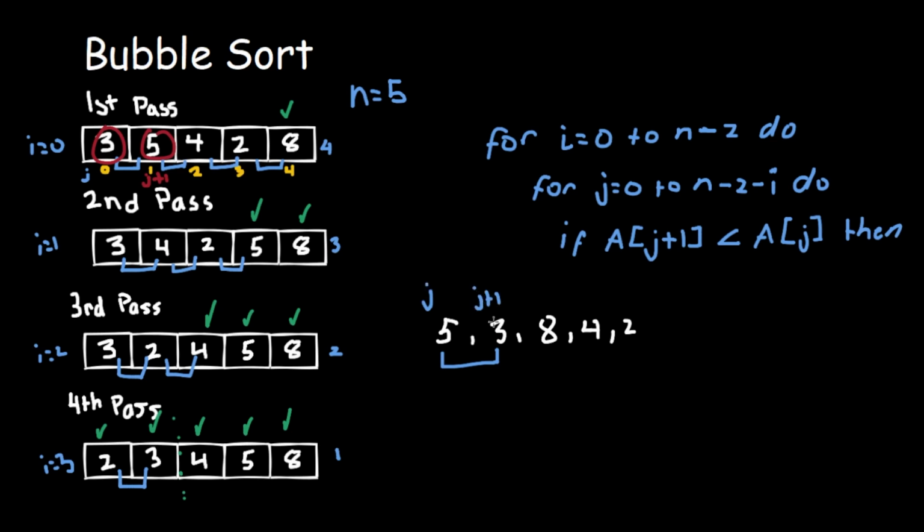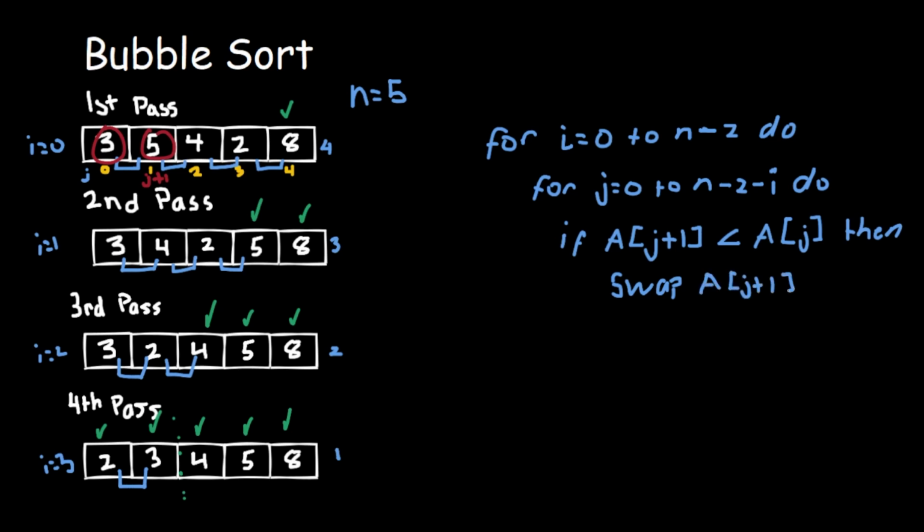If j plus 1, in this case 3, is less than 5, then we swap them. So let's write that: swap A[j plus 1] and A[j]. Now that is the pseudocode.